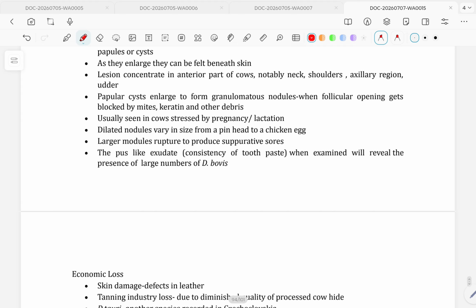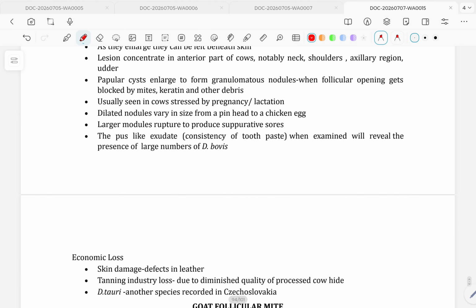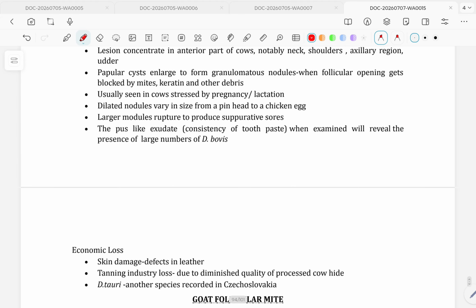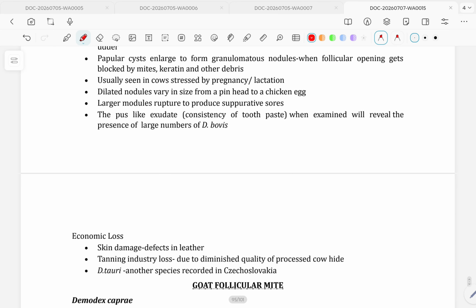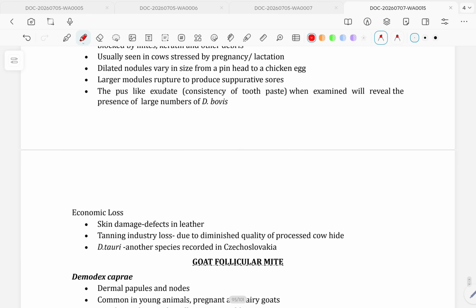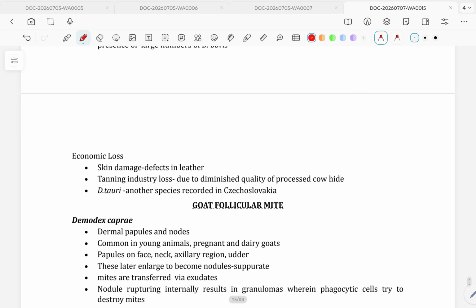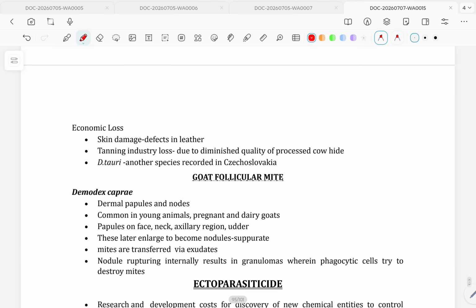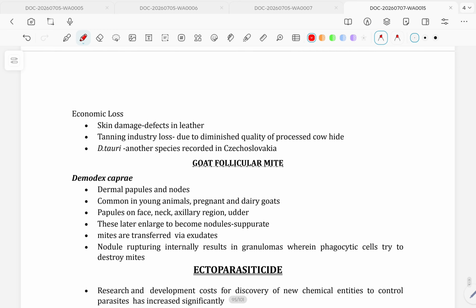Larger nodules rupture to produce suppurative sores. The pus-like exudate, of toothpaste consistency, when examined will reveal the presence of large numbers of mites. Economic loss: skin damage, defects in leather, tanning industry, loss due to diminished quality of processed cowhide.